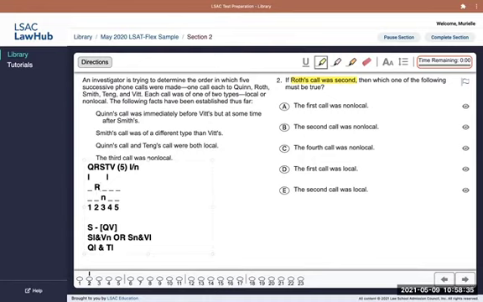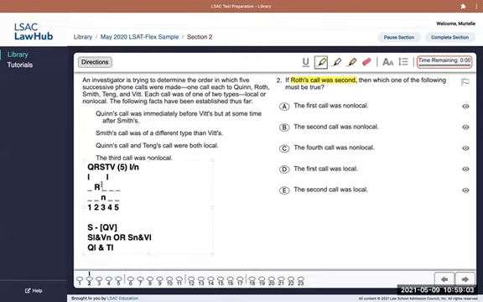So if R is second, what does that tell me about the sequence of the other players that I do know something about? I know S is before Q and V. Q and V are stuck together. I could have S be non-local, that would be fine, and then Q and V would be at the end here, in their little block.